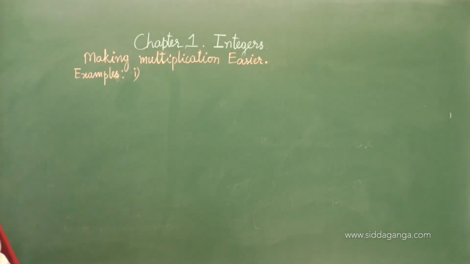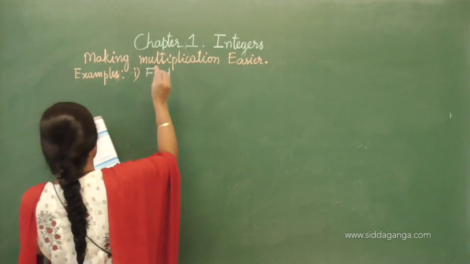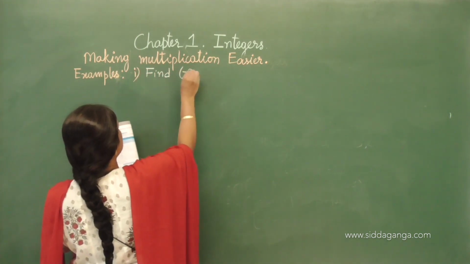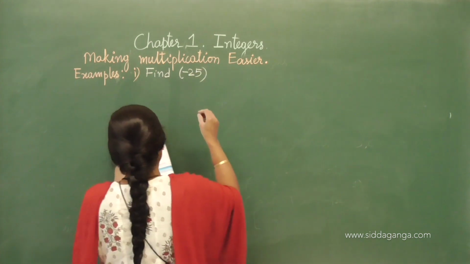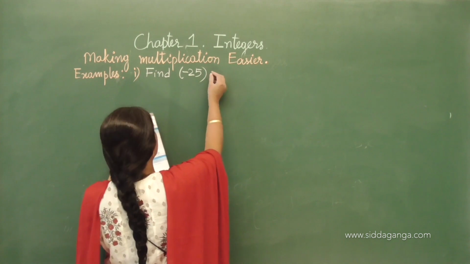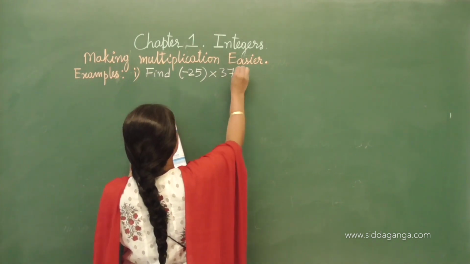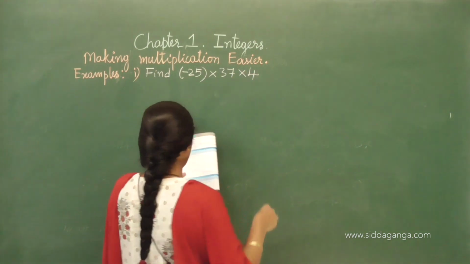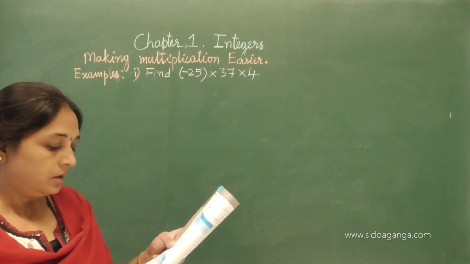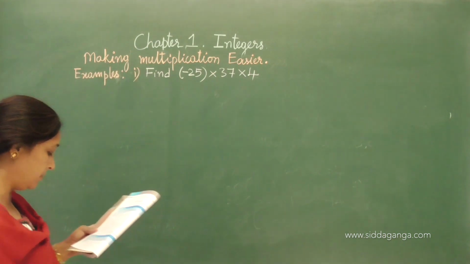Find minus 25 into 37 into 4. We should find the product of these 3 numbers. Okay. Here they have given 3 numbers, 3 integers to multiply.